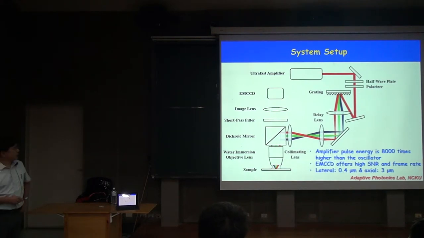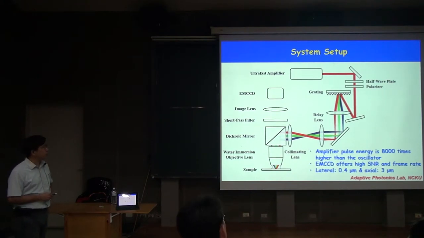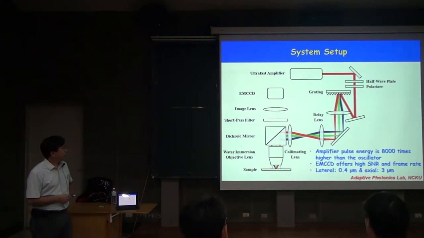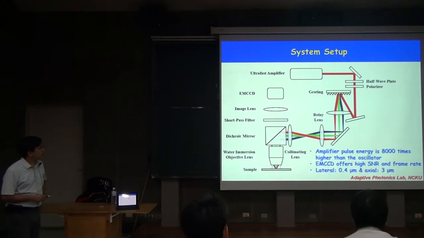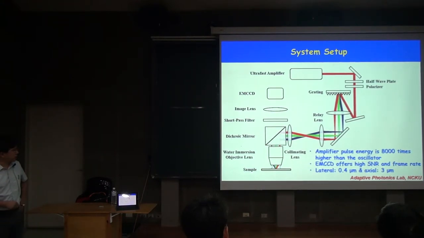But this setup is different from the conventional one. Conventional one, you just use an ultra-fast laser oscillator. So each laser pulse energy is maybe around 100 nanojoule. But they just excite one spot. But for the temporal focusing, it's the whole area.